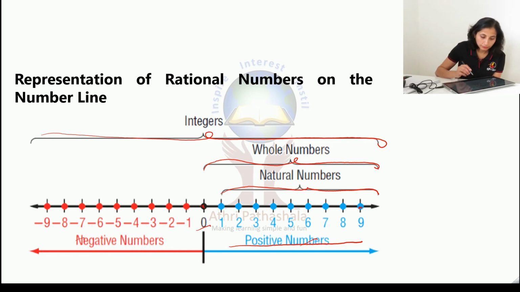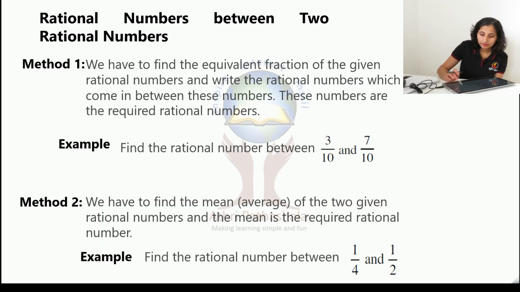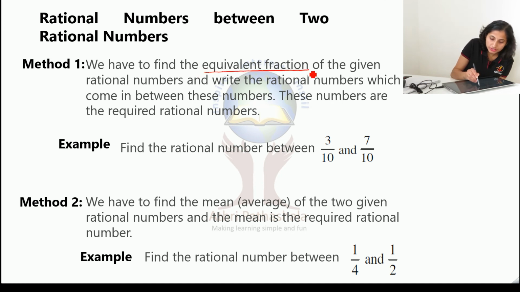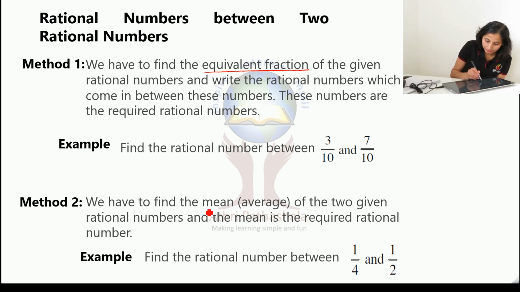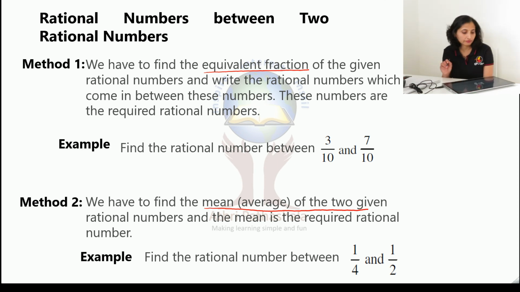So we have to represent rational numbers on this number line. In your class you have studied representation of rational numbers by two methods. One method is finding the equivalent fraction of the given rational number, and the other method is to find the mean or average of the two given rational numbers.